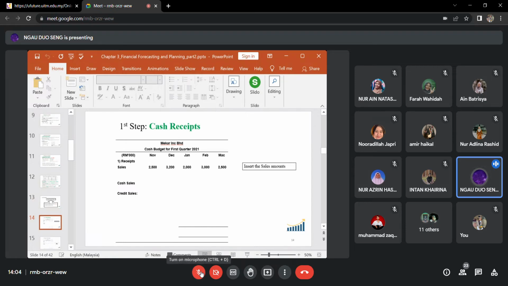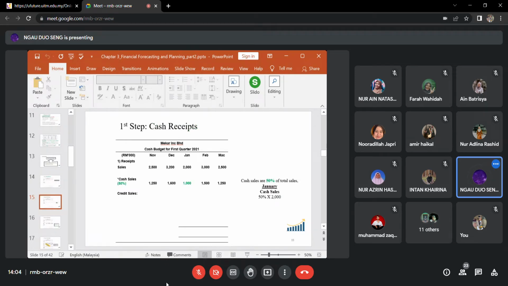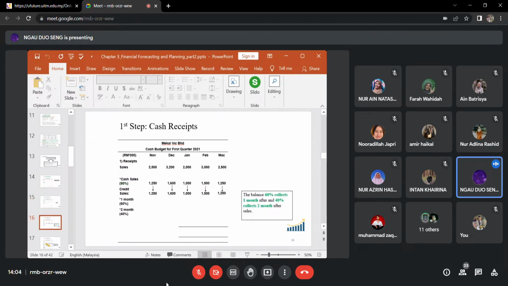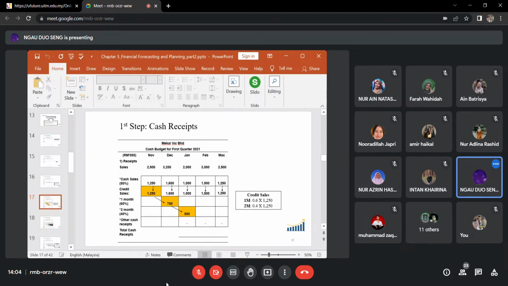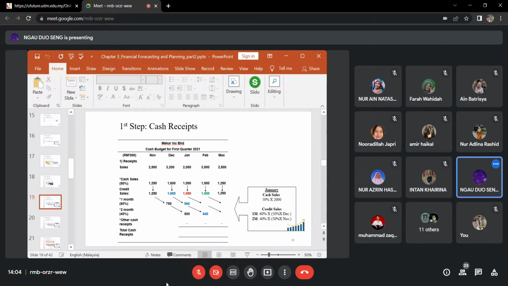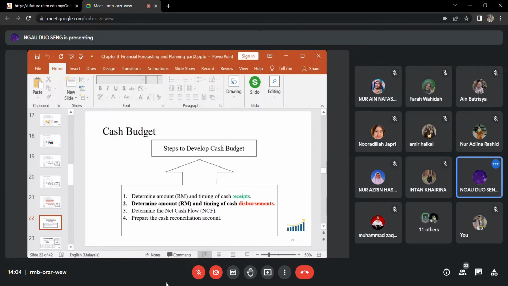So we have done the collection, where we have cash sale, then we have the credit sales, and then it is paid 1 month later and 2 months later. Okay, so this one we have done. Then second step, we have determined amount and timing of cash disbursement, right?